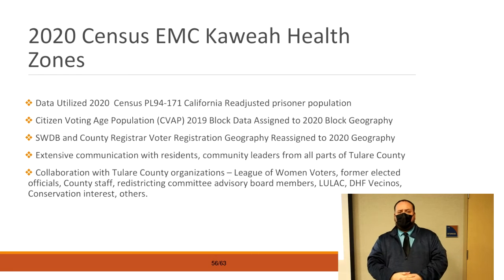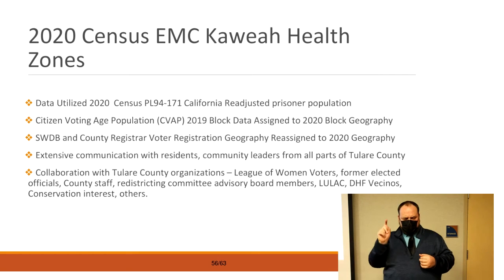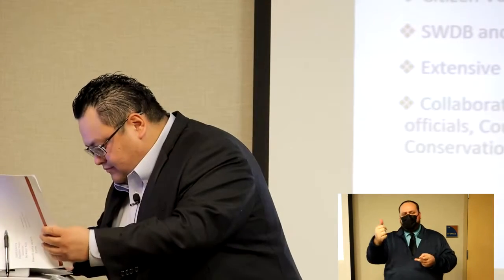The 2020 census data ensure that California readjusted prisoners, inmates, back into the part of the zone that we're in, which is pretty much all of Visalia, Ivanhoe, and a little part of Farmersville, right?